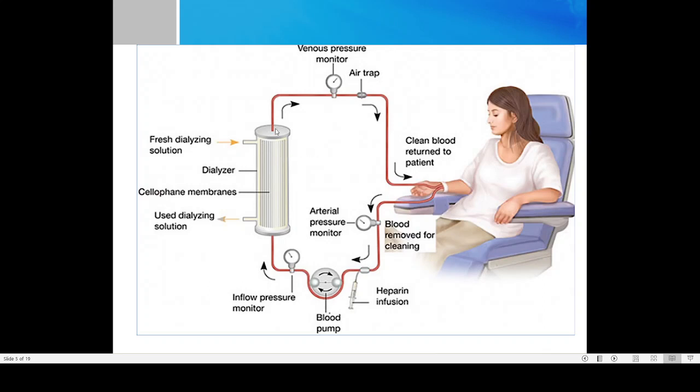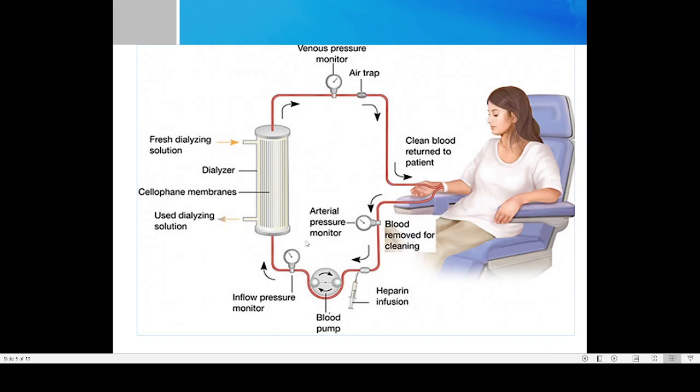Then the cleaned, purified, or filtered blood will be pumped back into your vein after bringing the pressure of the blood to the venous pressure. And you can see that there is also a system called an air trap, so that air bubbles do not enter into the blood during the re-entry of blood into the vein.